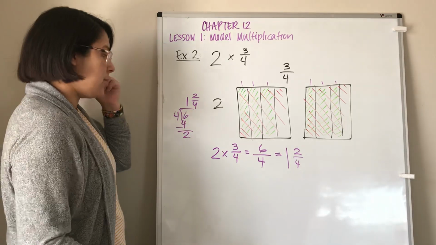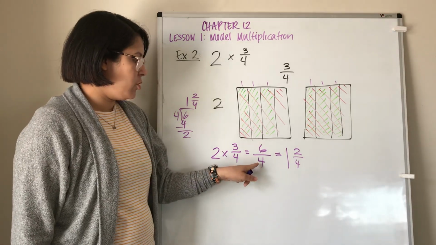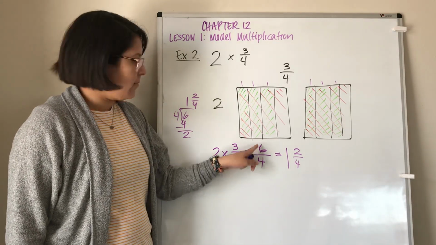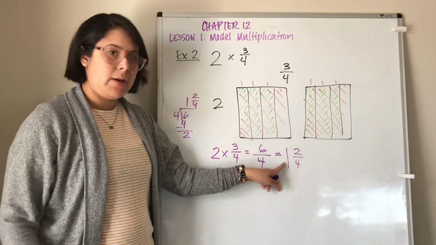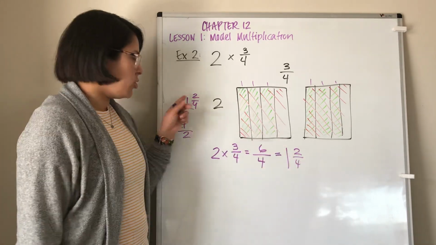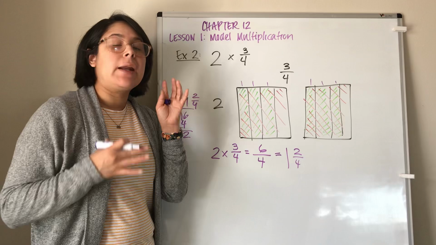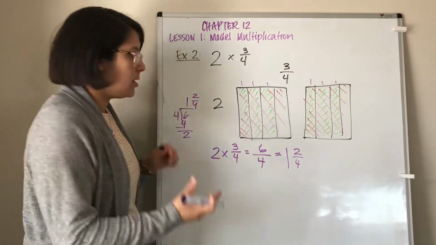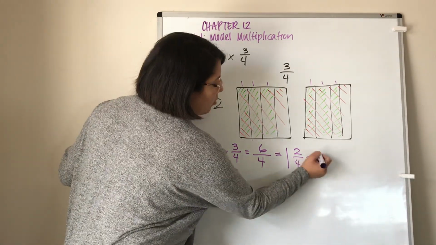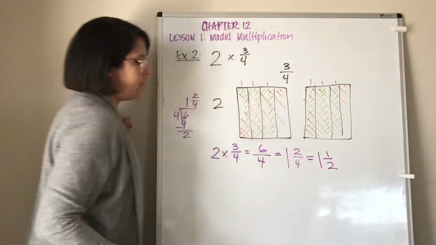The shortcut is, if I were to take a whole 4 out of this 6, I'm going to get 1 whole and 2 left over. So you've got to start getting shortcuts and learning how to do that mentally in your head. And one more time, 1 1/2.